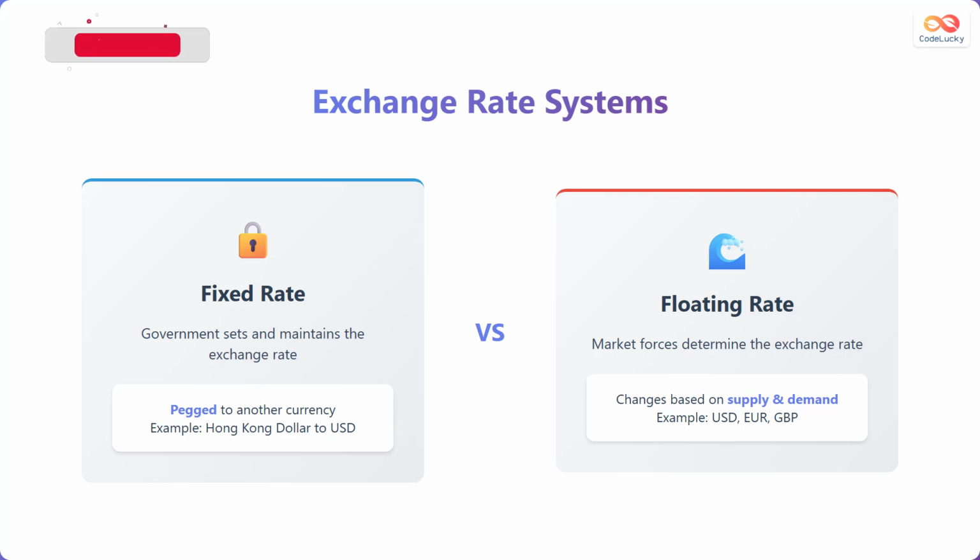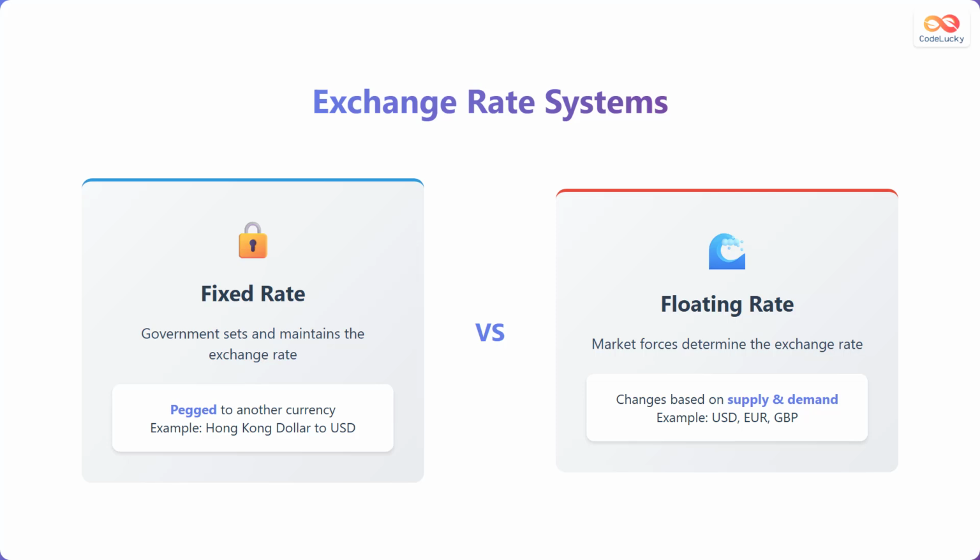Countries manage their currencies using different exchange rate systems, each with distinct characteristics. In a fixed exchange rate system, the government or central bank sets the exchange rate and actively maintains it at that level through market intervention. This system provides stability and predictability, but requires the country to hold large foreign currency reserves. Hong Kong uses this system, pegging its dollar to the US dollar.